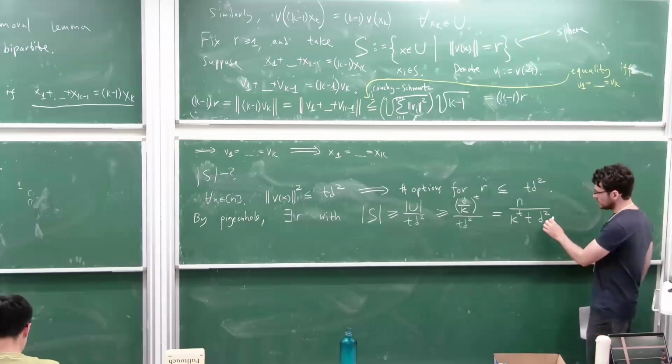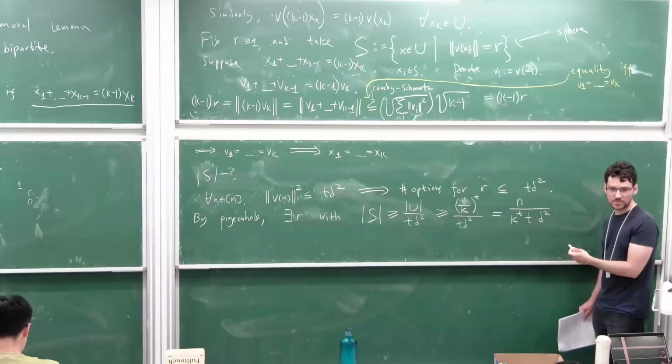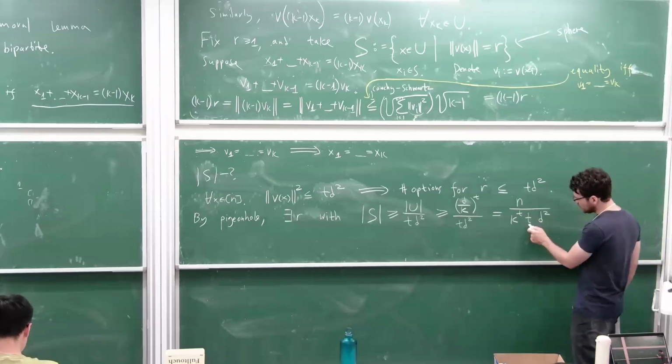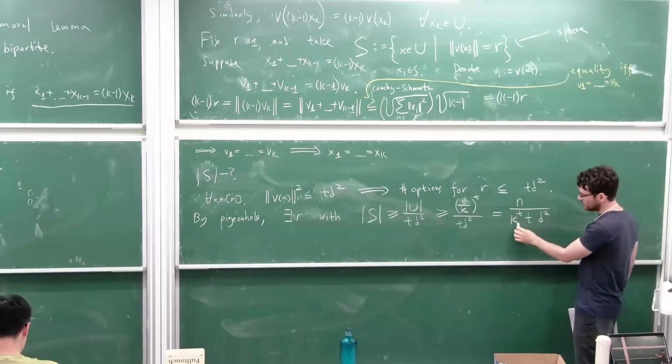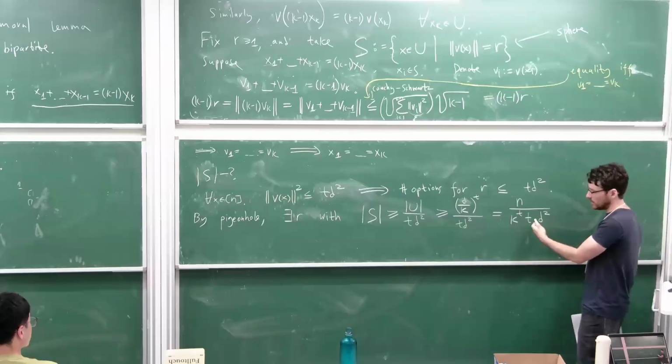Now, I want to minimize this number, because I want the size of S to be as large as possible. What I'll do, so this T is not really important because this K to the T is much bigger. So what I have to care about is K to the T and T squared. So I want these two numbers to be equal, and then I'll minimize.